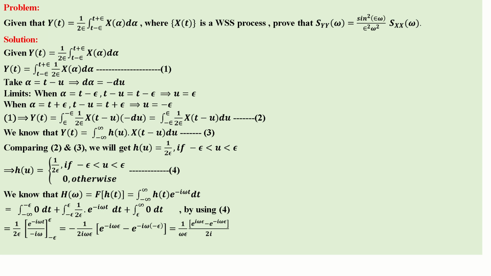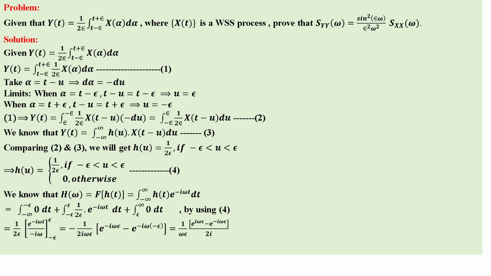So integrating, we get e^(−iωt)/(−iω). We know that the integral of e^(−ax) dx is e^(−ax)/(−a). Using that formula, 1/(2ε) [e^(−iωt)/(−iω)] from −ε to +ε, applying the lower and upper limits and taking −iω outside, we get −1/(2iωε) times [e^(−iωε) − e^(iωε)]. Instead of t, we are replacing the lower and upper limits.